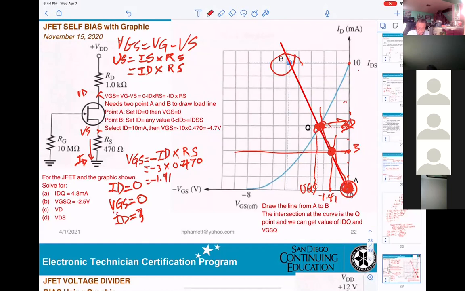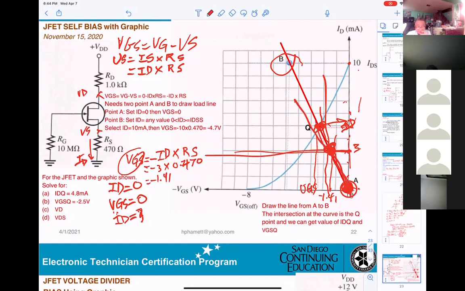And for the second point, you can give any ID value from 0 up until 10. Then you calculate the VGS. After you get the VGS, you can draw ID here, VGS here, and they hit right here. You draw the line, so they can cut it.